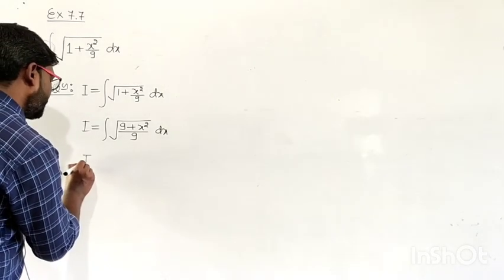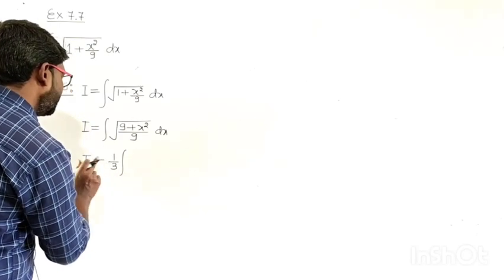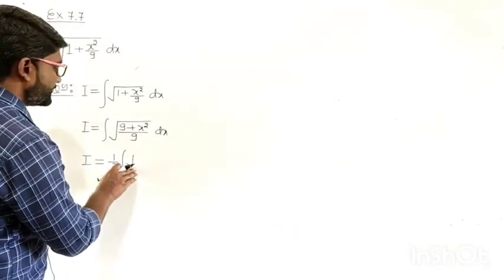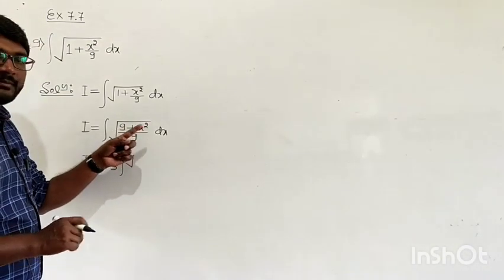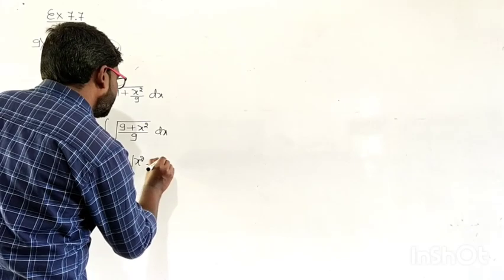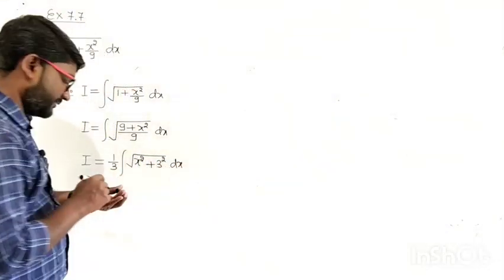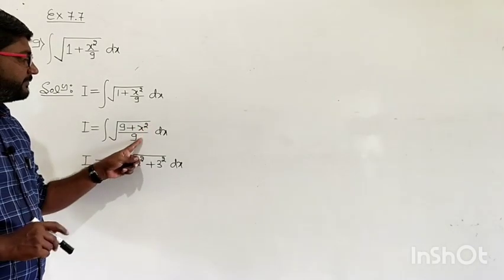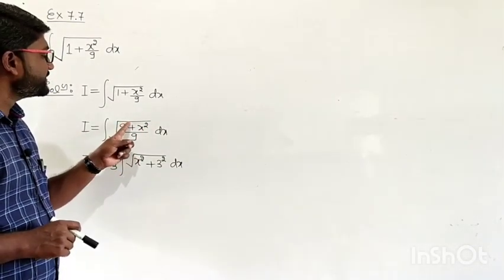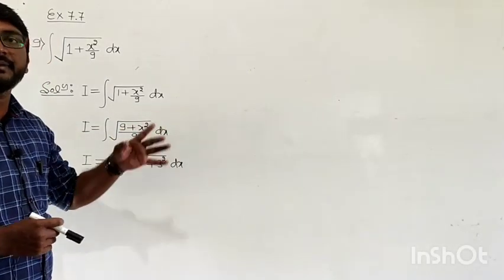So I is equal to 1 by 3 integral of square root of 9 plus x square, which can be written as x square plus 3 square, dx. See here 1 by 9, if you take outside the square root it becomes 1 by 3. Then 9 plus x square, I have written x square plus 9 or 3 square.